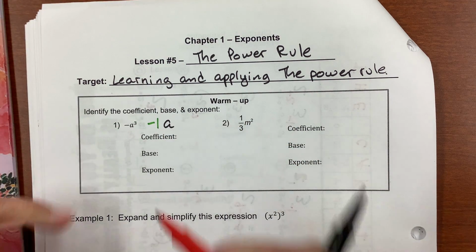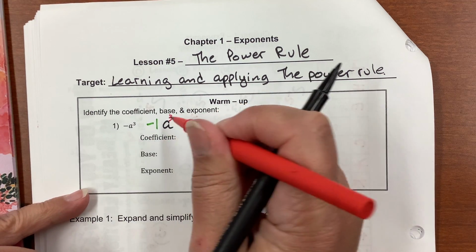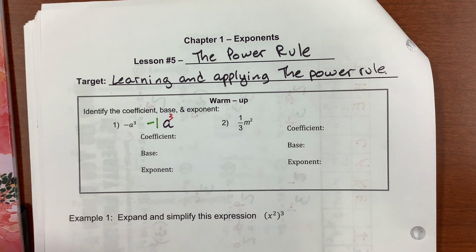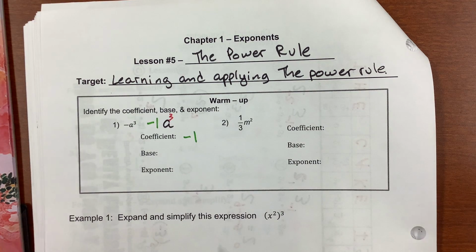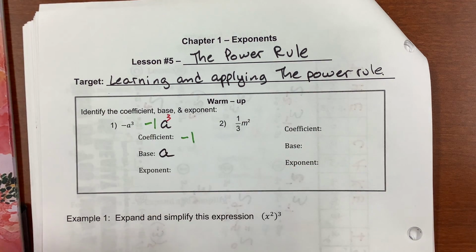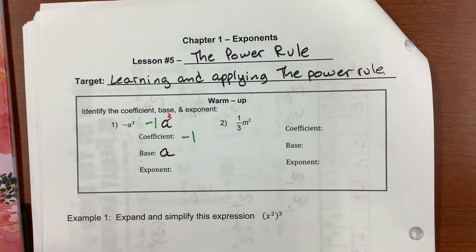I like to write in color so you see what I'm talking about here. So the coefficient was an invisible -1. So my coefficient is -1. The base is A, and the exponent is 3.